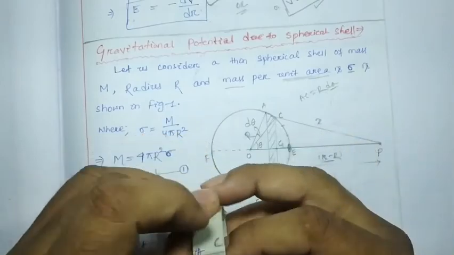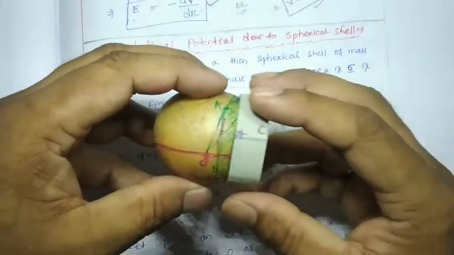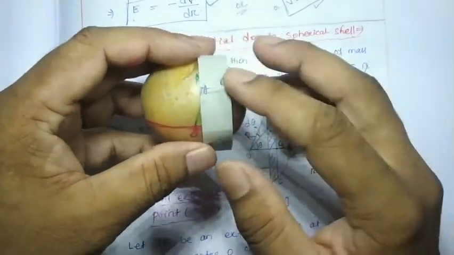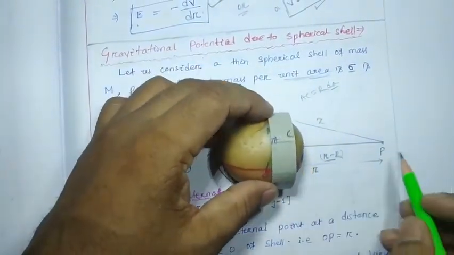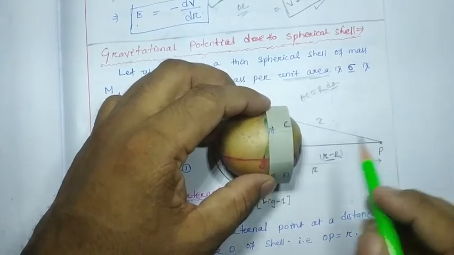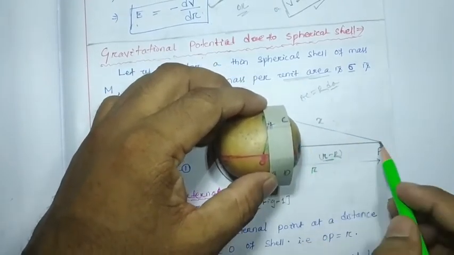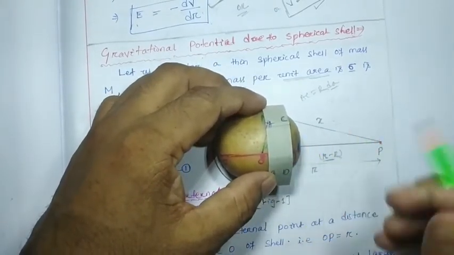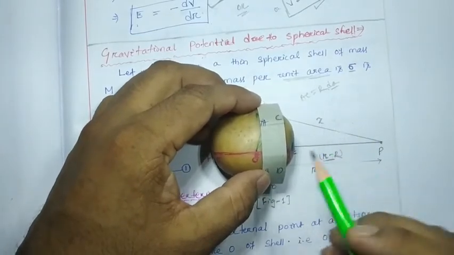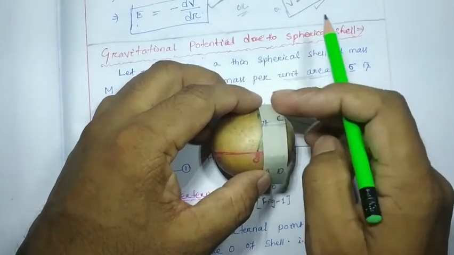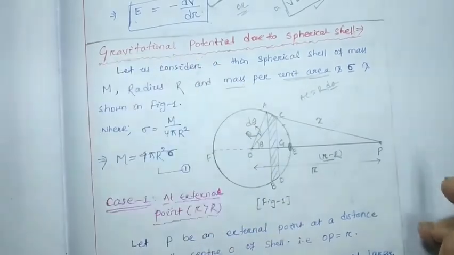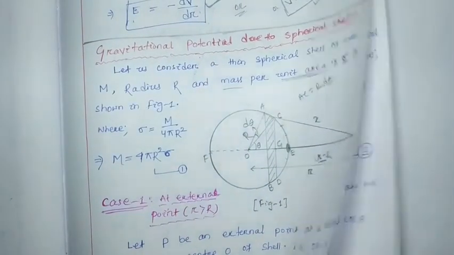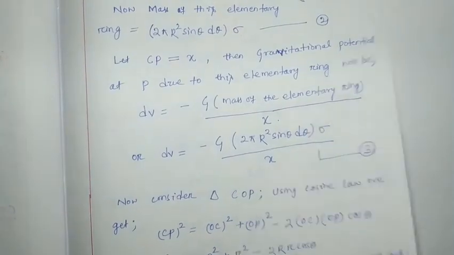CP, here is the C, and the point where we are going to calculate the potential is this P. So from C to P, this x is the distance from this element to P. That we have to find out.